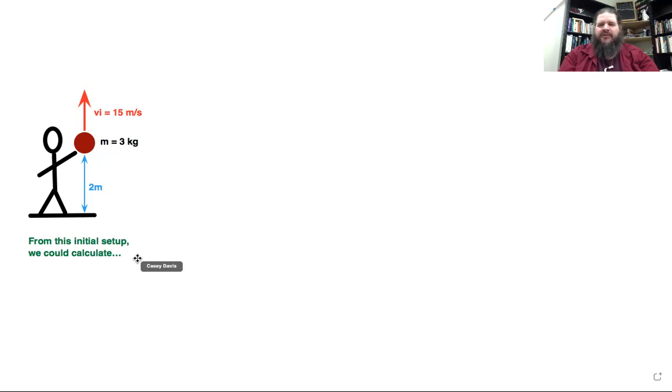Here's this situation, figure out what? Yeah, maybe we want to find the maximum height. Or what else might we want to figure out? What's going to happen to it after it reaches its maximum height?